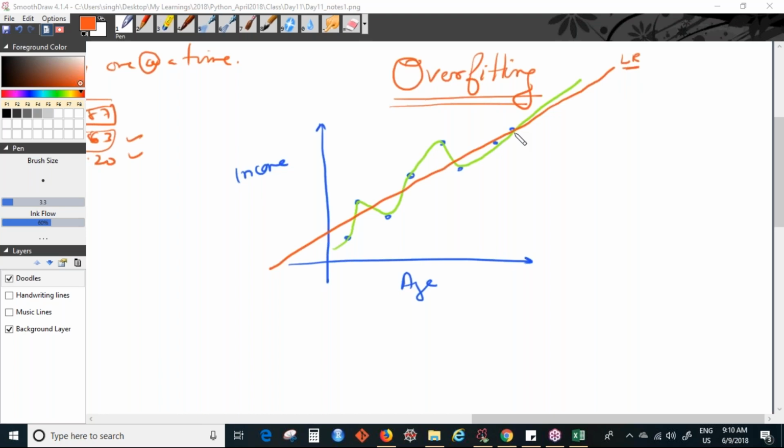Okay, so we are having almost 50-50 answers. Half of the people are saying green, half of the people are saying the red one.